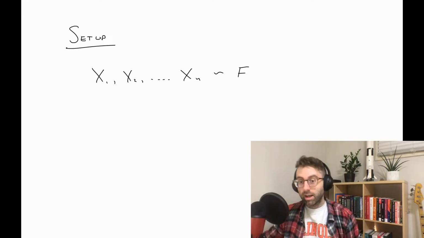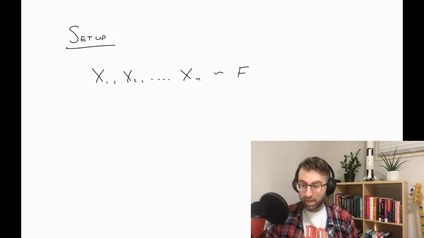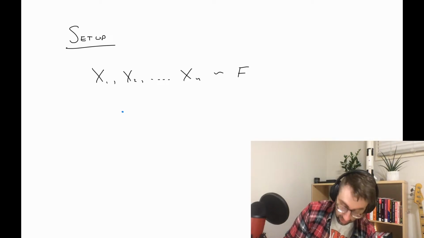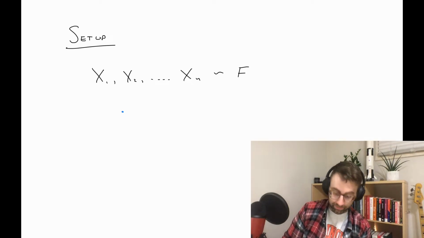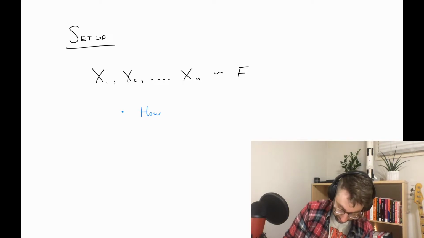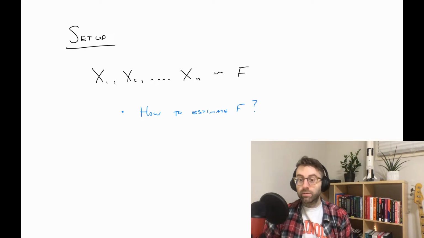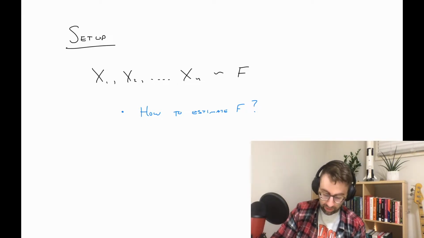Okay, but practically speaking, we almost never know the distribution the data came from. So what do we want to do? Well, the first question is, how do we estimate that distribution? That's the first question we're going to answer in this video.